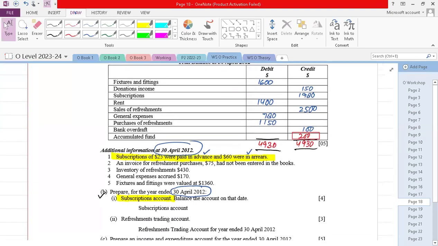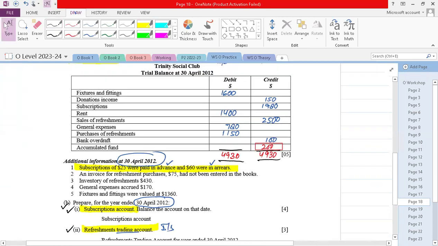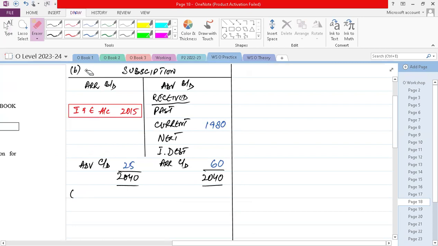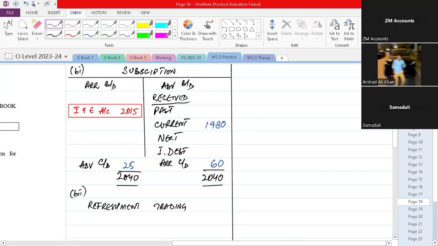They ask us for the refreshment trading account. You may say refreshment income statement or refreshment trading, same purpose. That was B1, subscription. Now we are moving to B2, the refreshment income statement.